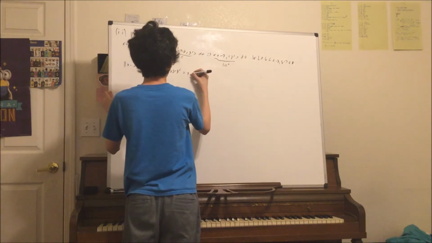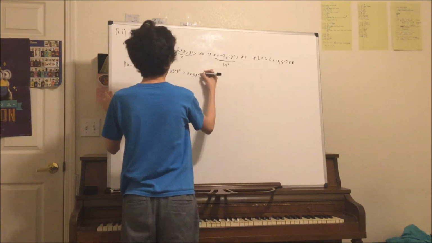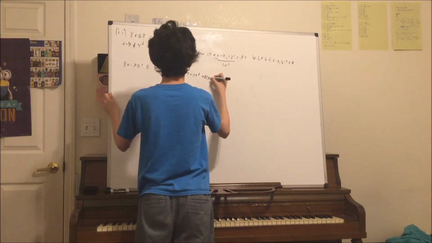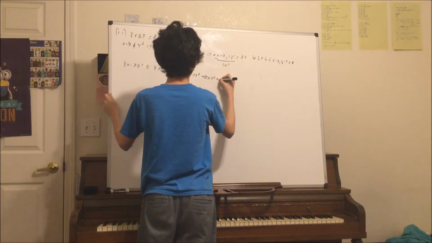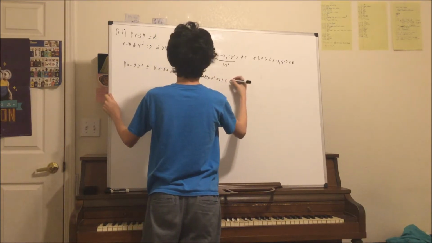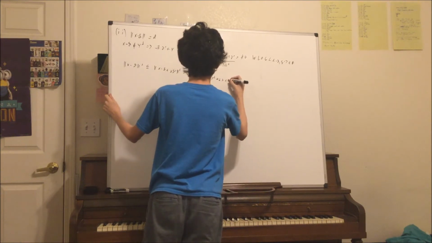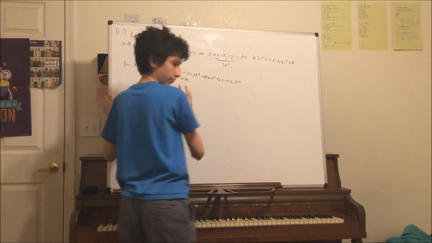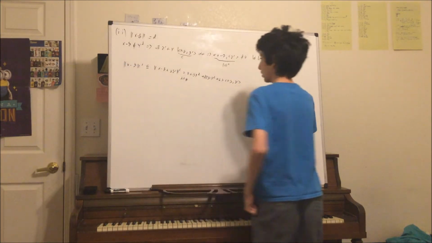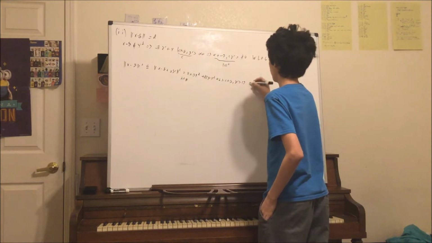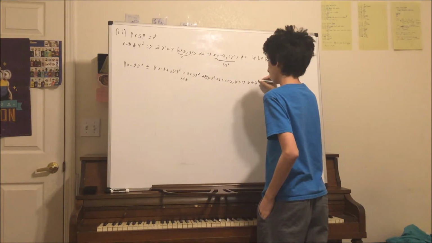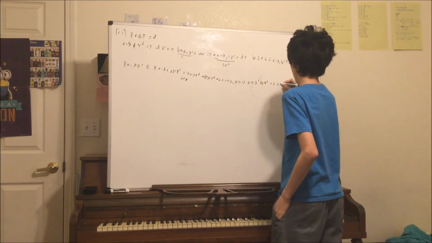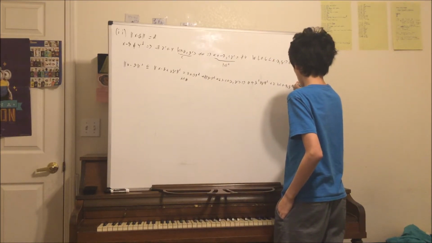Now this is equal to the norm of x minus y squared plus lambda squared times the norm of y' squared plus 2 lambda times the inner product of x minus y with y', of course with lambda in R. Okay, and this implies that 0 is less than or equal to lambda squared times the norm of y' squared plus 2 lambda times the inner product of x minus y with y'.